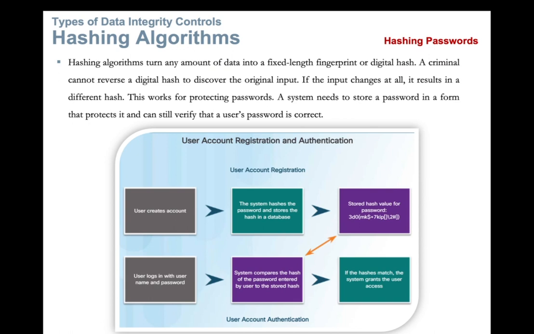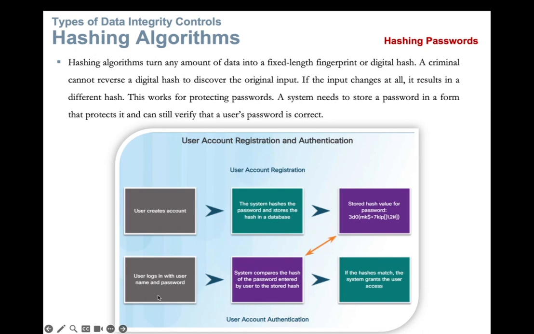To create the user account, the system hashes the password and stores that hash in a database, and that stored hash value for the password is in the form of a hexadecimal number.